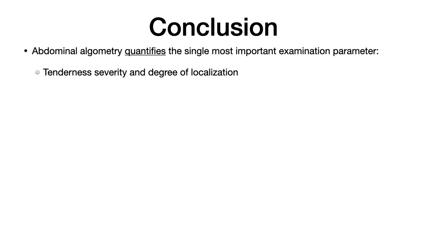Our conclusion: abdominal algometry quantifies the single most important examination parameter, that is the severity of tenderness and the degree of localization. It predicts which way this patient is heading.